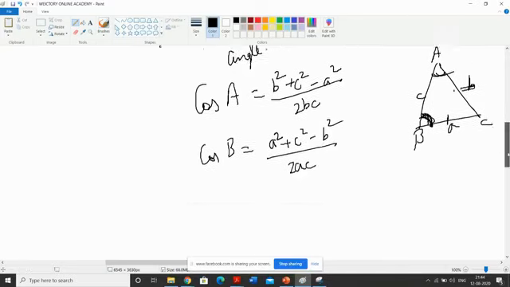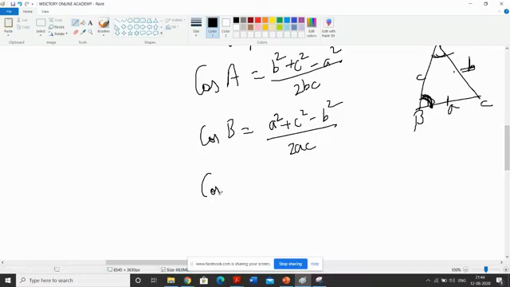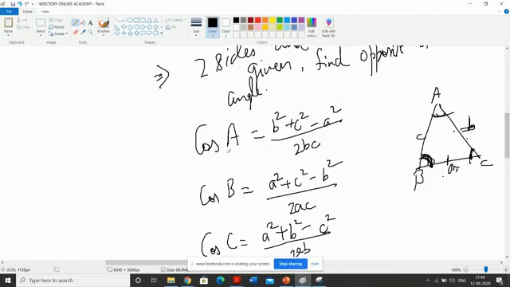And cos of C: angle C is formed using these two sides, so we write a square plus b square minus the opposite side, small c square, divided by 2ab. So this is the way we write the cosine rule.